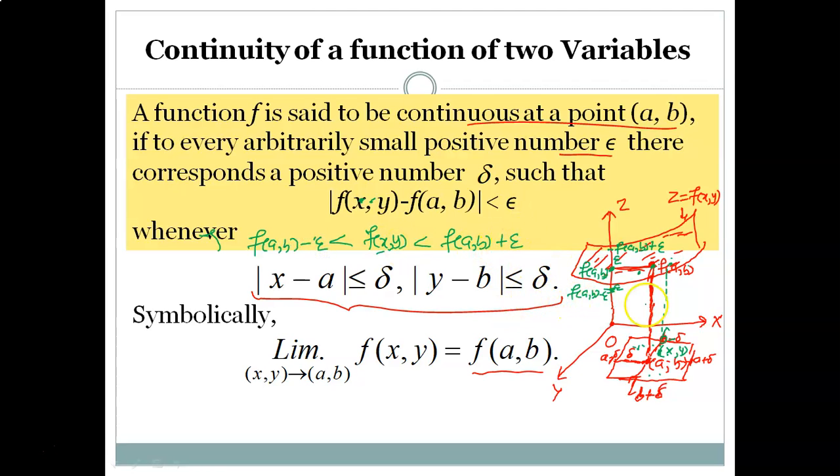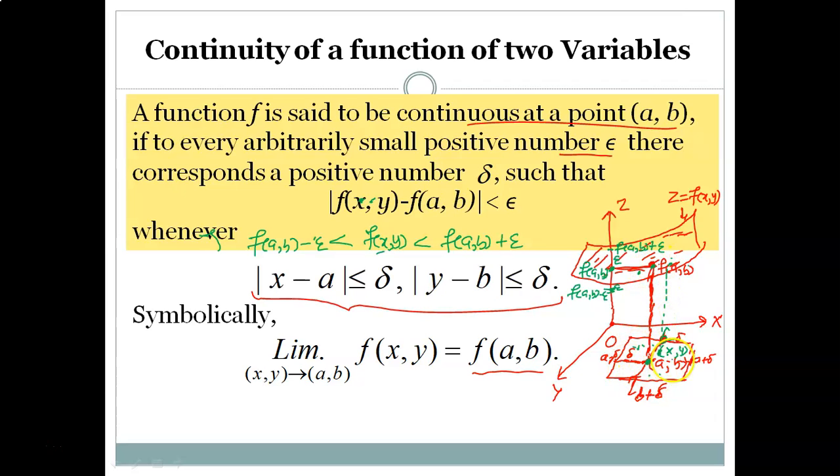Then you can say that this function is continuous, or you can say this surface is continuous. That means at what point? At the point (a, b), the surface is continuous, or this function f(x, y) is continuous at the point (a, b). That means at this point there is no hole.